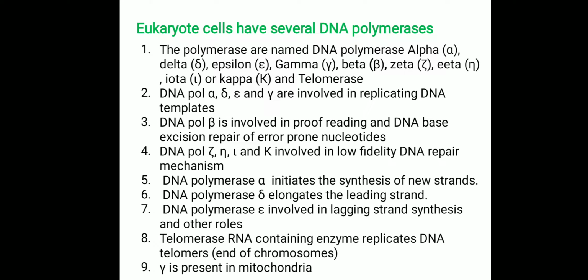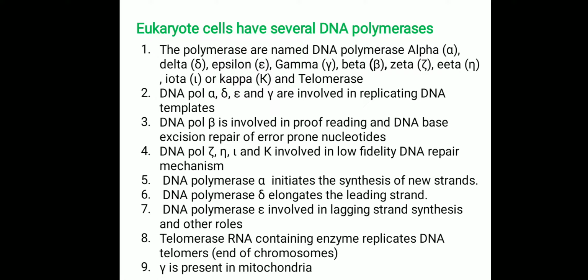Eukaryotic cells have several DNA polymerases, several times more than what we studied in the prokaryote system. The polymerases are named DNA polymerase alpha, delta, epsilon, gamma, beta, zeta, eta, iota, kappa, and the telomerase enzyme. DNA polymerases alpha, delta, epsilon, and gamma are involved in replicating DNA templates.